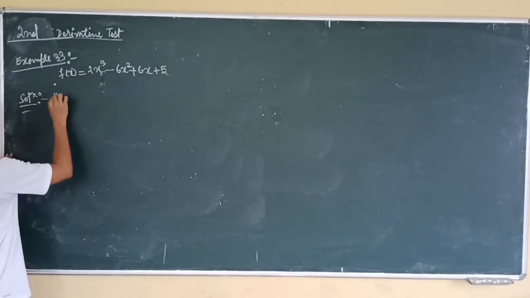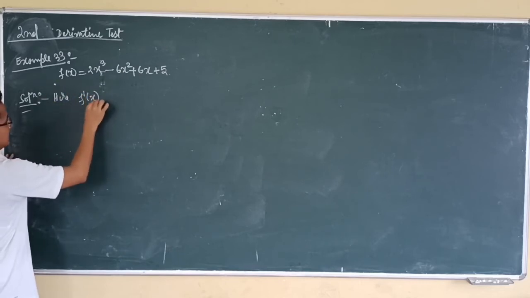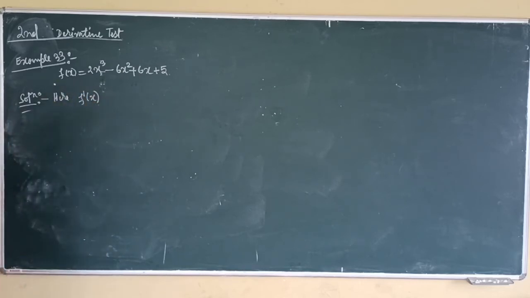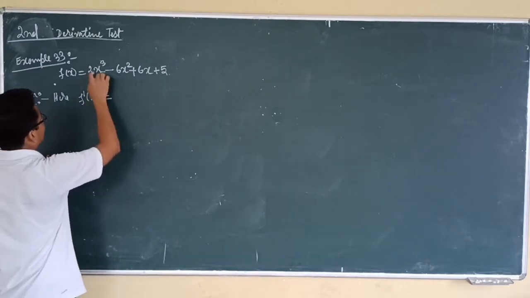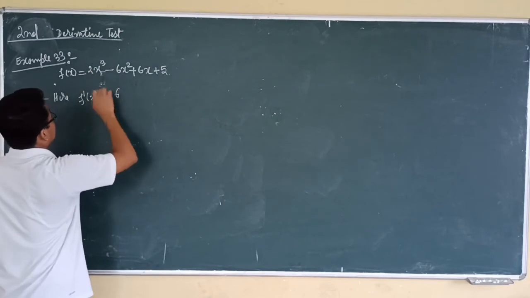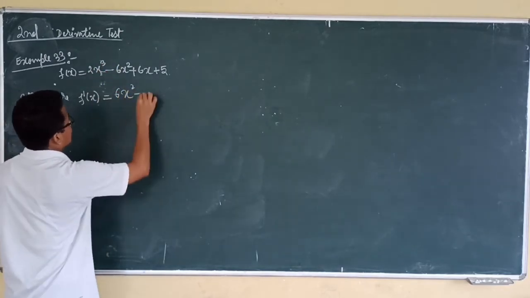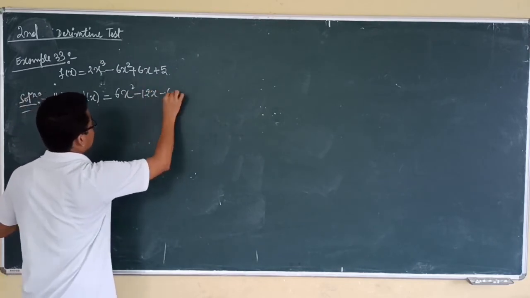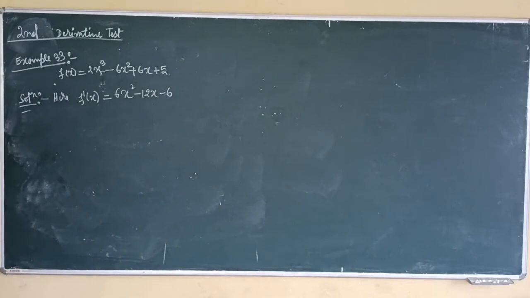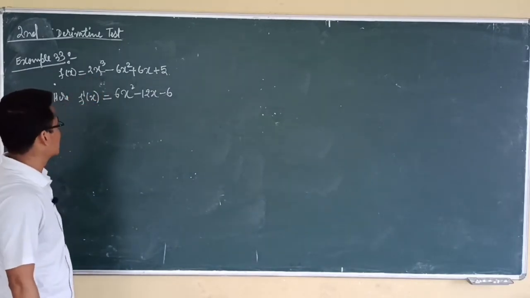So here the function is this. We find f dash x, that is d/dx of f of x, which is equal to 6x square minus 12x plus 6. Okay, this is f dash x we will get from this function.